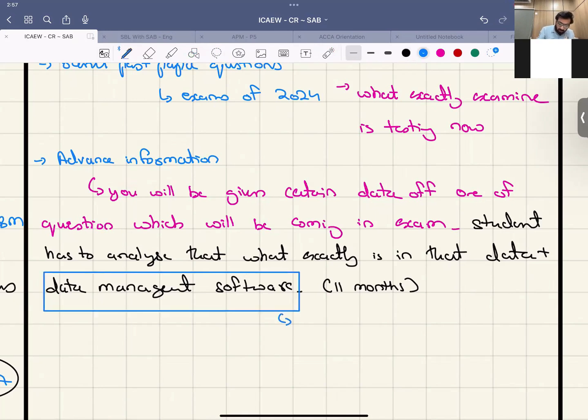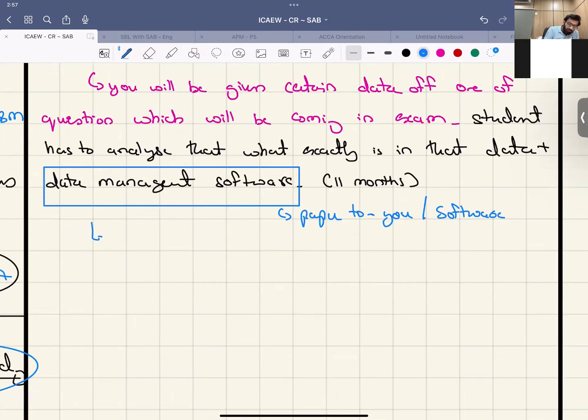They'll be giving you a paper as well as the software. And yes, approximately 10 marks can be coming from this advanced information part.